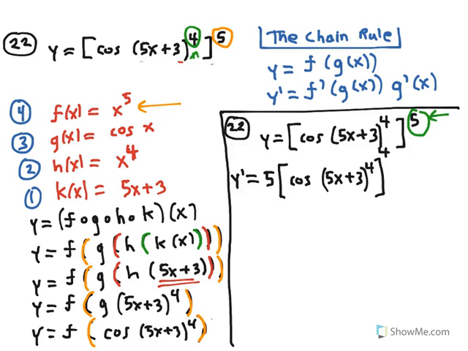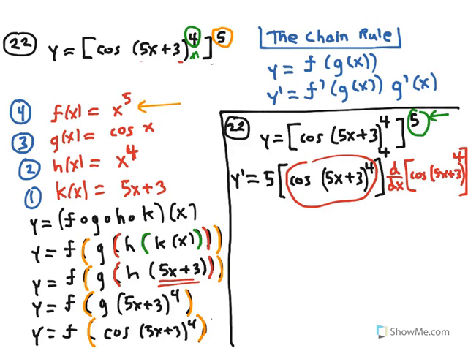And then what do you have to do? You have to multiply by the derivative with respect to x of this inside function, cosine of (5x plus 3) to the 4th.